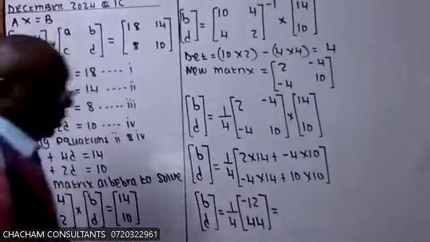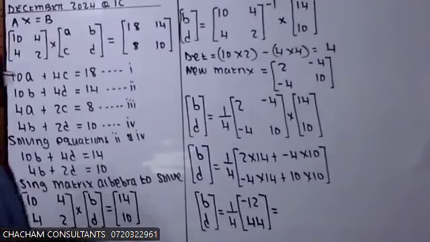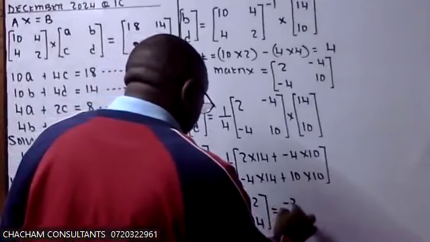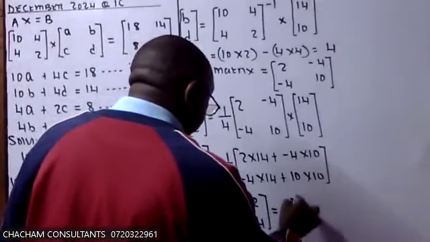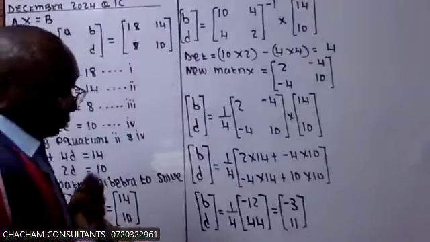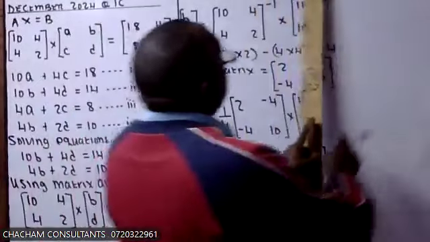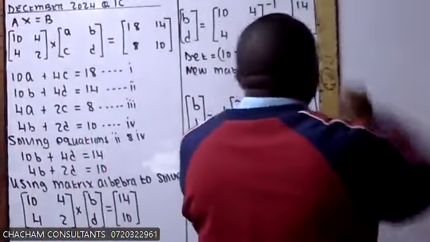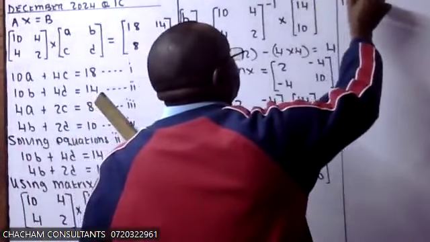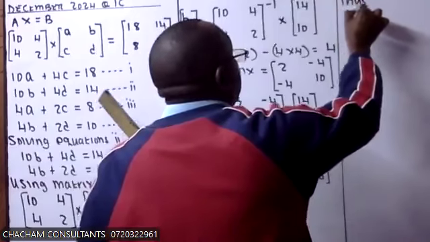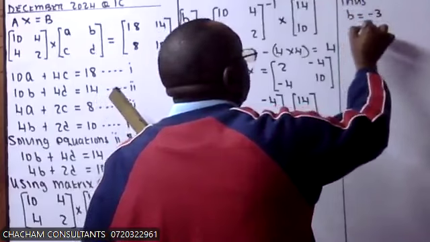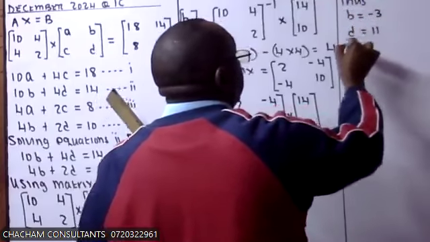So when you multiply by a quarter, this comes to minus 3 and this comes to 11. So thus, B is minus 3, D is 11.